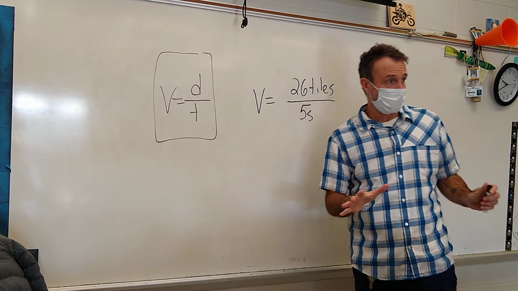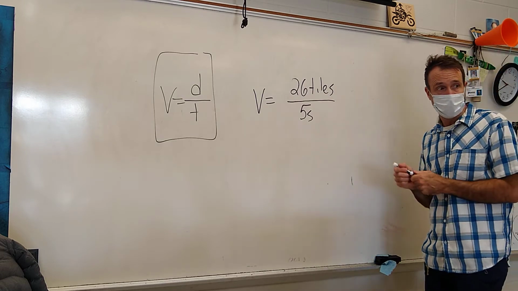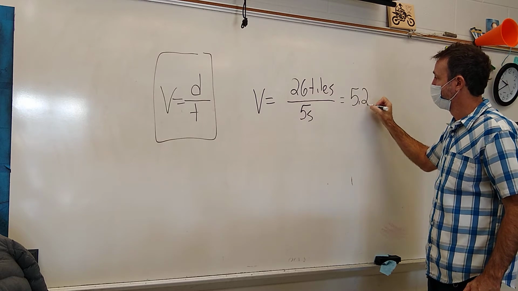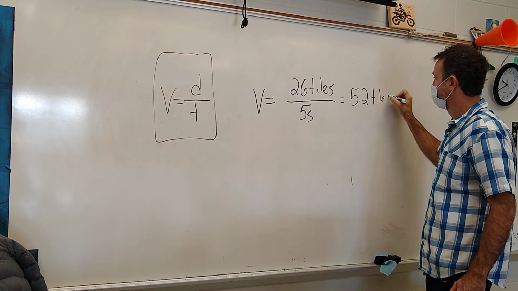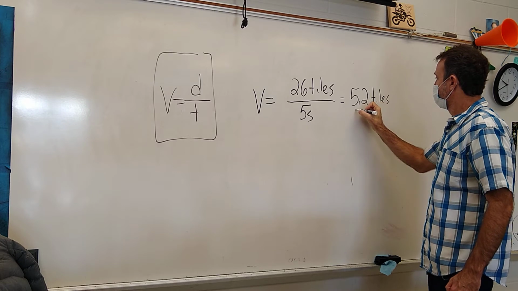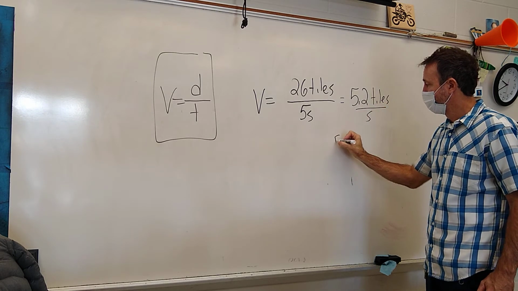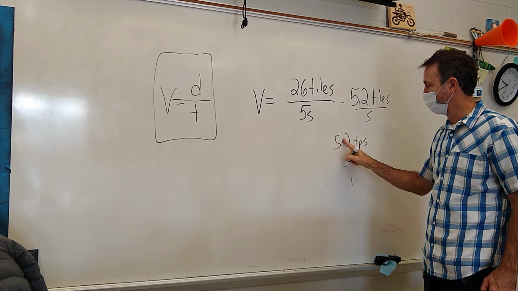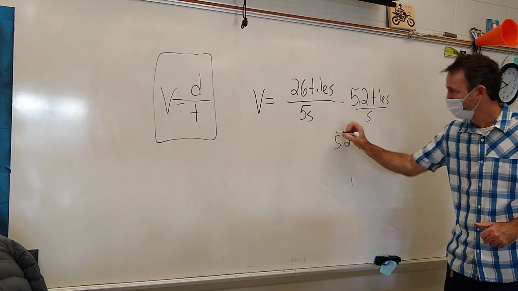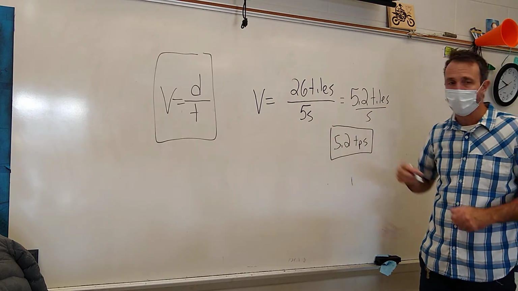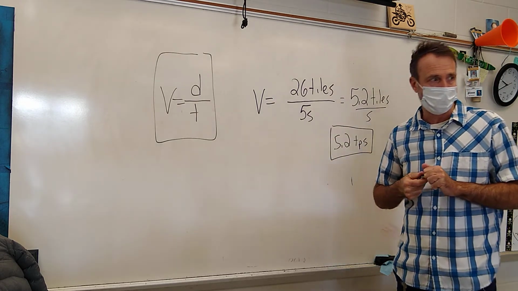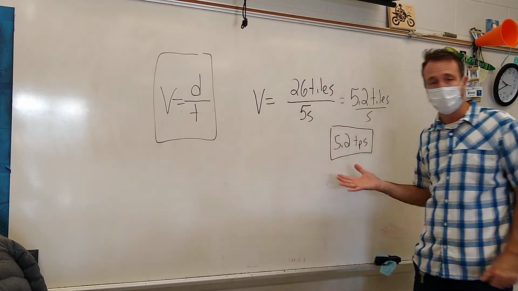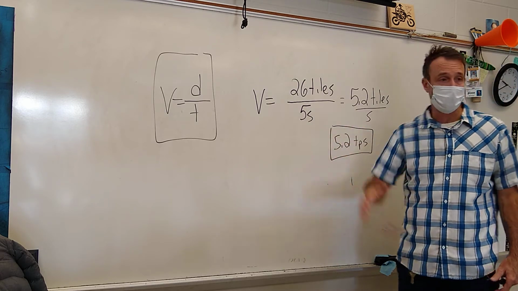So you can calculate the velocity of this car, and it is going to be 5.2 tiles per second, or 5.2 TPS, we could even call it. Does that make sense? Am I making a math mistake? Is 26 divided by 5, isn't that 5.2? Okay, so there we go. 5.2 tiles per second. That's the velocity of that car.